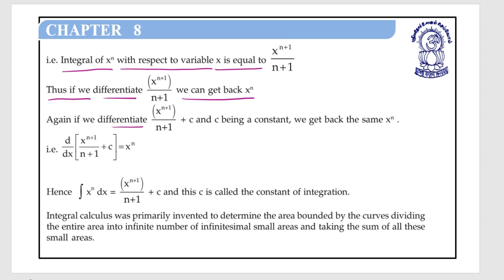Again, if we differentiate x raised to n plus 1 upon n plus 1 plus c, c being constant, we get back the same x raised to n. Hence, integration of x raised to n dx is equal to x raised to n plus 1 upon n plus 1 plus c. Here c is the constant of integration.